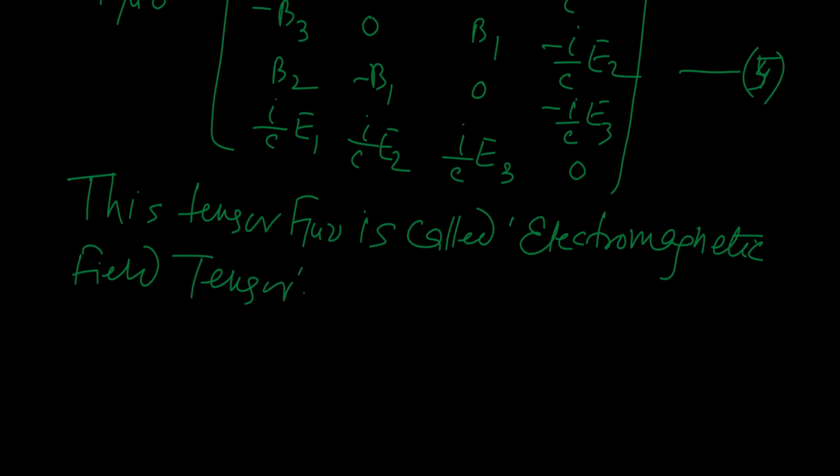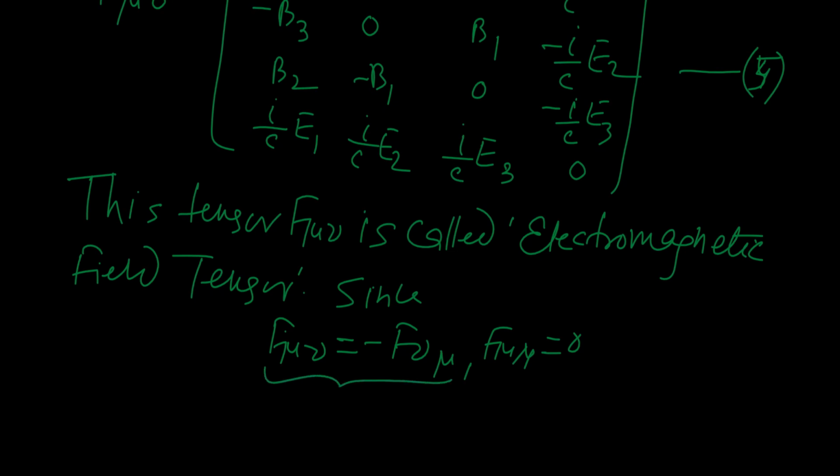And since F mu nu is equal to minus F nu mu, and simultaneously we have F mu mu equal to 0, this property says that it is an antisymmetric tensor.